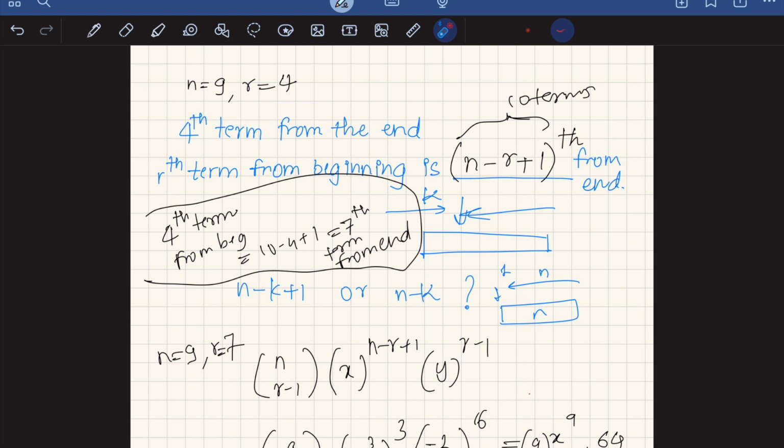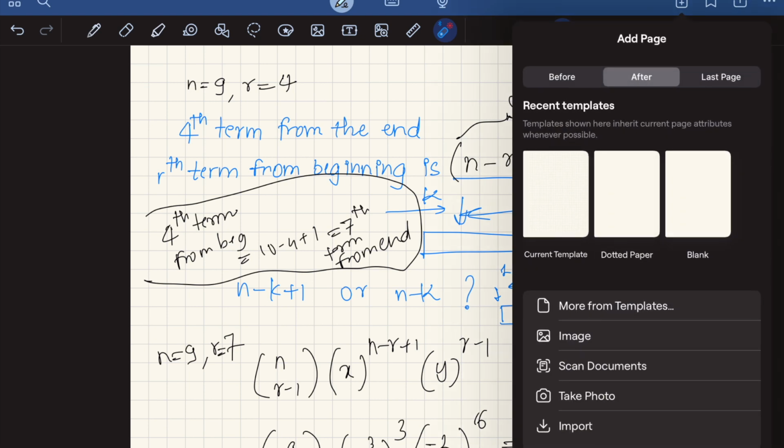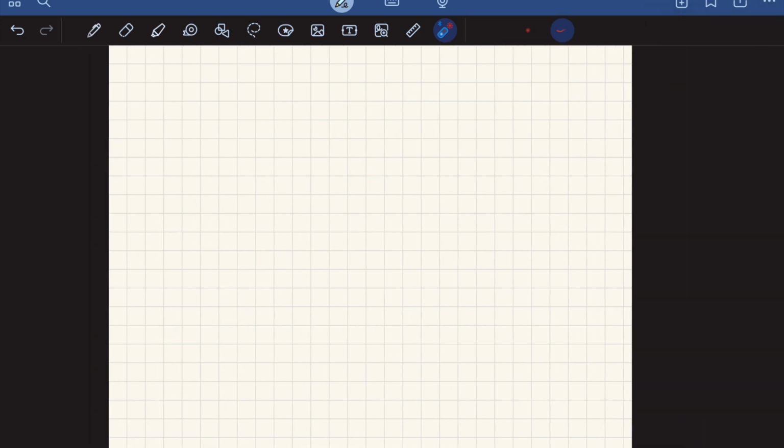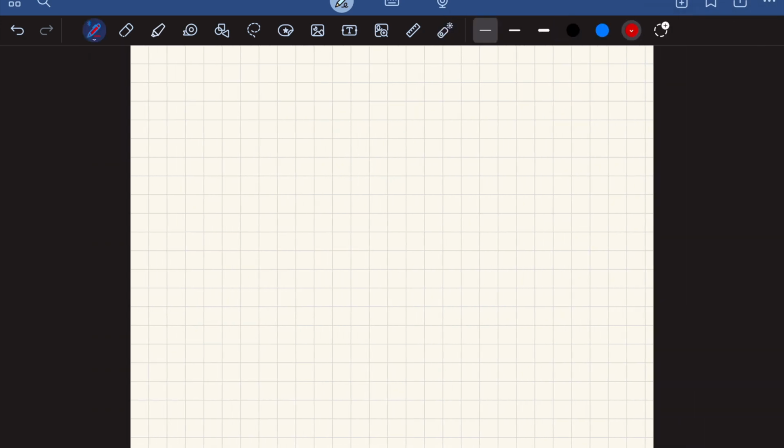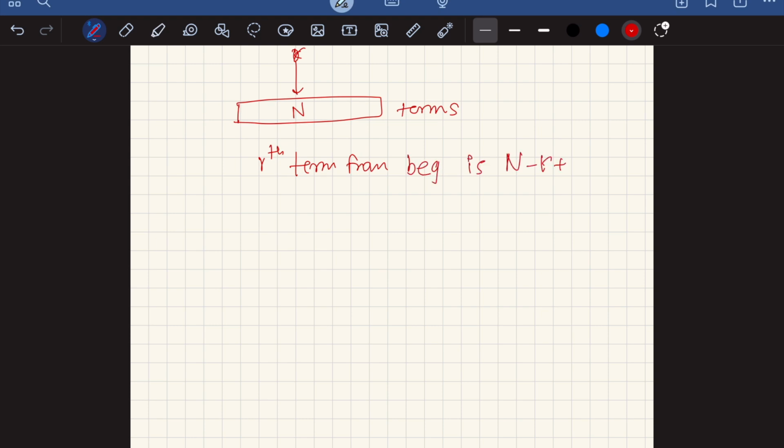Yeah, I agree with you totally. There are n plus 1 terms, but this n is different from the n that I was talking about. Maybe that is the confusion. Is this okay now with a new n? If you have n terms here, then the rth term from the beginning would be n minus r plus 1th term from the end.